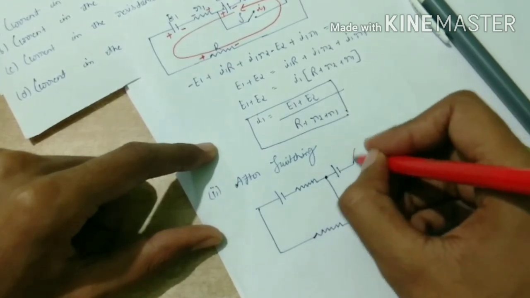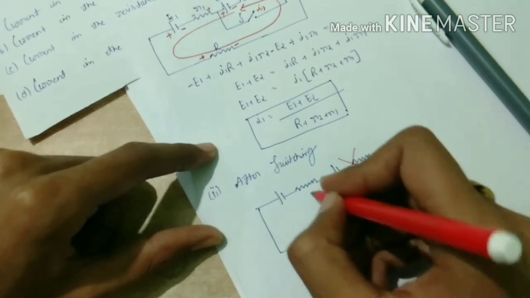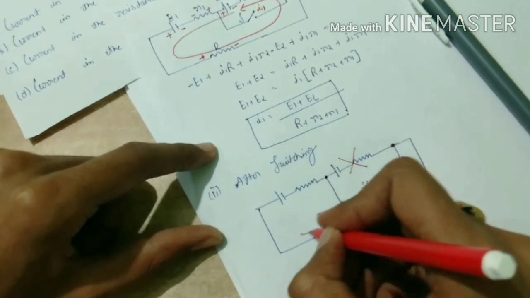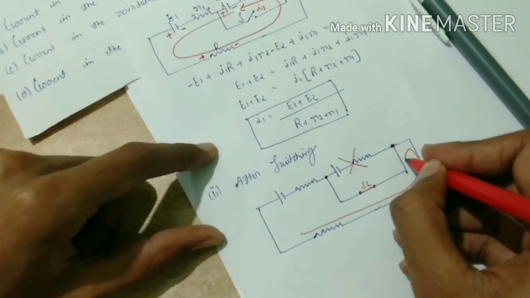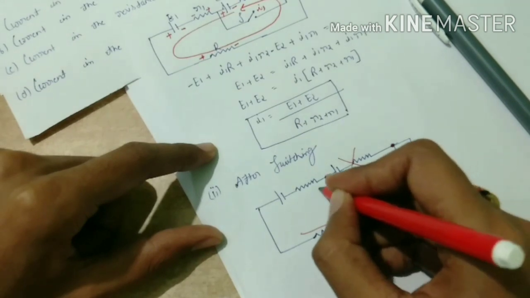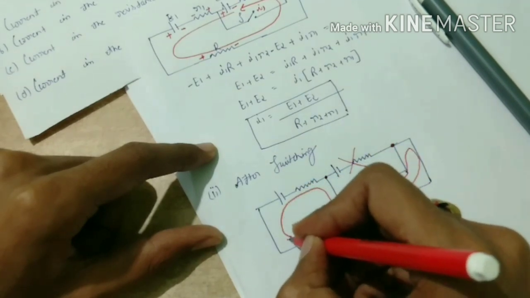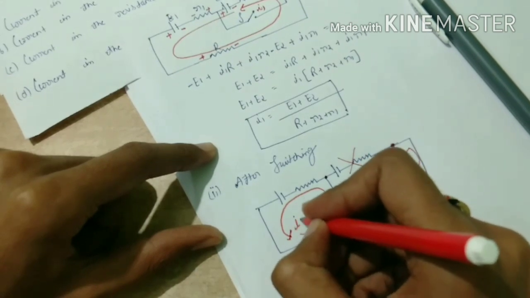There is no current flow in this section, the current is flowing in this manner. Let's say current I2 is flowing.